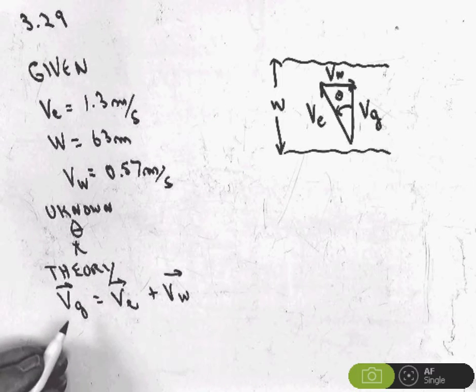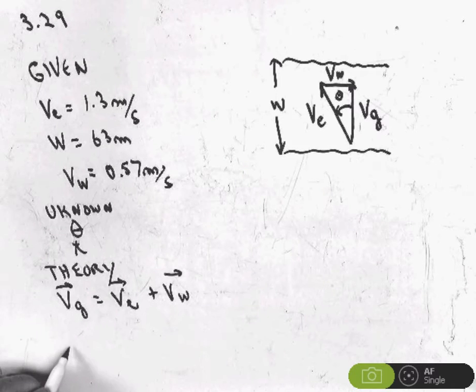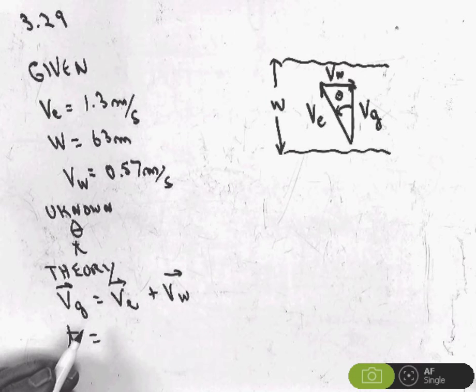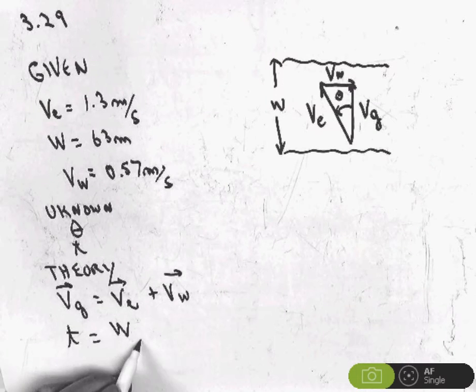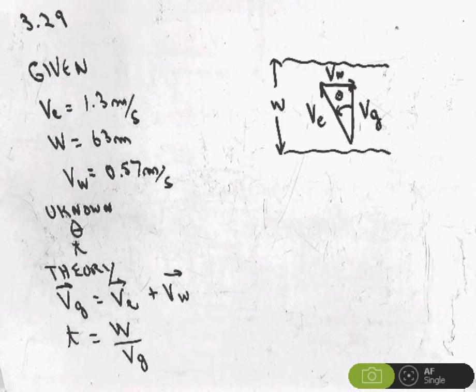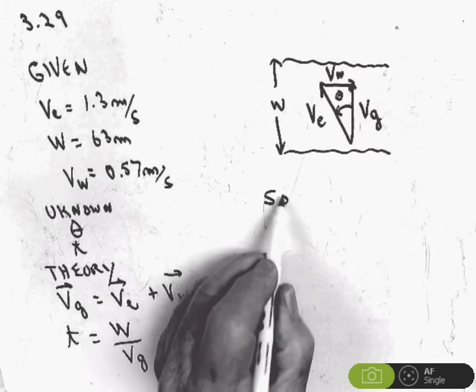We'll also need to find the time, and the theory of that would be, of course, the time would be equal to the width of the river divided by the velocity across the river, okay? So we can do those two calculations. Now, the solution's pretty simple if you look at it.